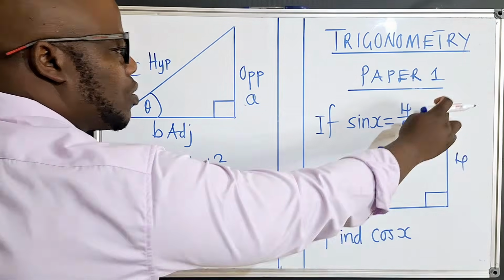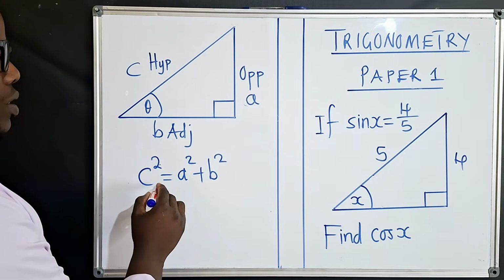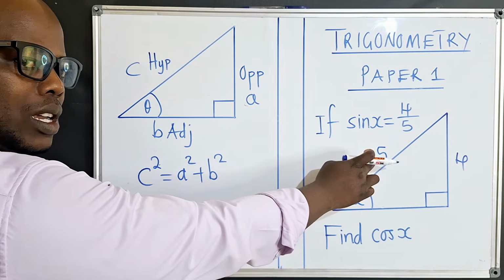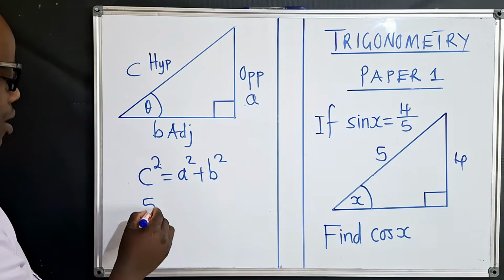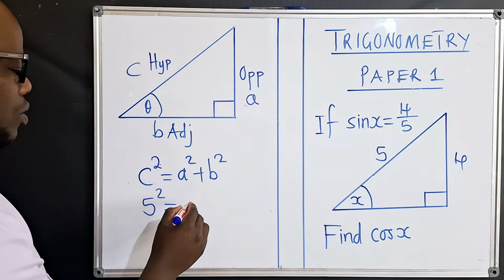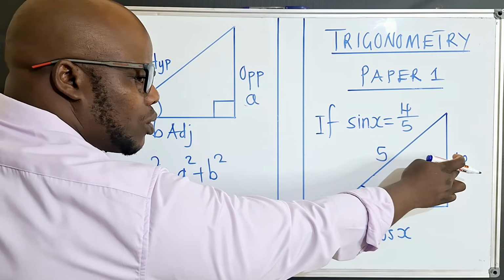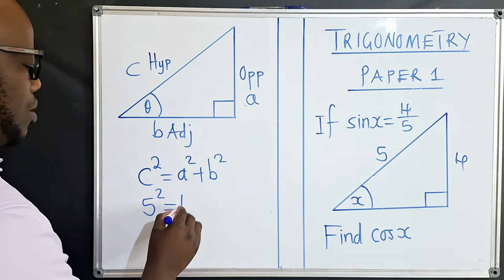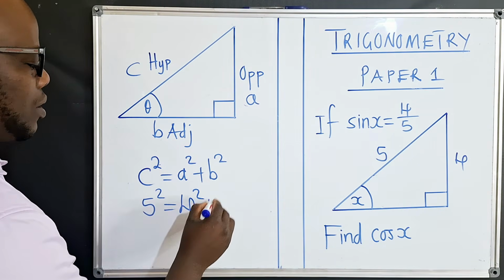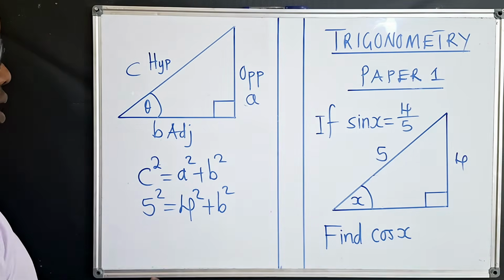Now when you look at this question, which one is missing? Do you have the C? Yes, we have. It's 5 squared, which is equal to our A can be this one, opposite, 4 squared plus B squared. We can solve.